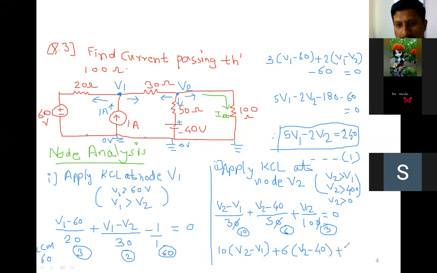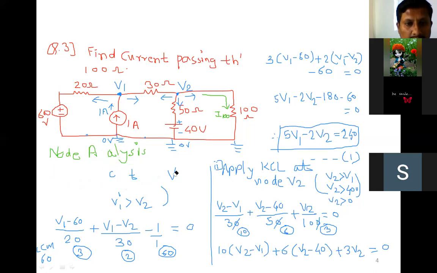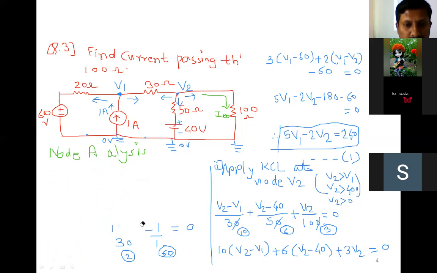Next 3 into V2 is equal to what? 0, because the 30 goes to the right hand side and becomes 0. Now the next one, we have to arrange V1 terms and V2 terms collectively so that we can find out.